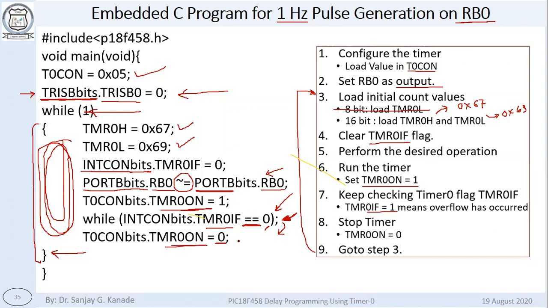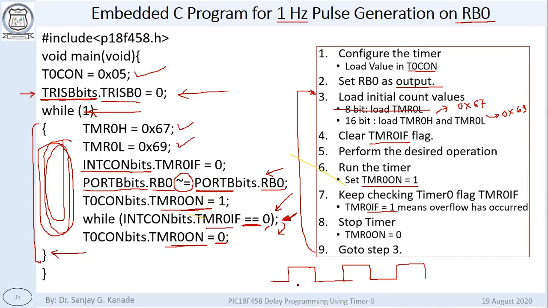From starting the timer to stopping the timer, we have a 500 millisecond delay. After each of that delay, the PORTB bit RB0 is getting inverted. So ultimately PORTB bit RB0 will remain 0 for 500 milliseconds and remain 1 for another 500 milliseconds, and like this it will keep on running.